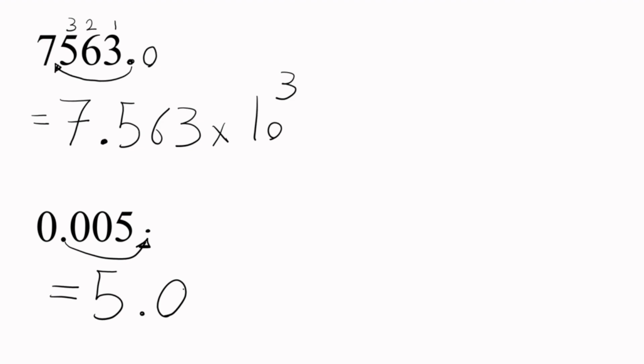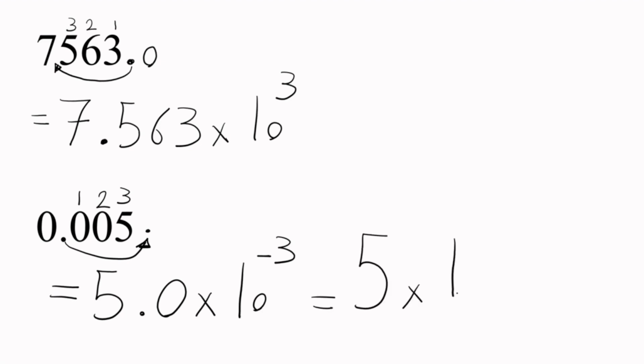So for times 10 to the power of something, for how many digits did I move the decimal? 1, 2, 3. 10 to the power of negative 3, because I moved it to the right side and the first number is really small, so the second number must be small too. So it is better to write it as 5 times 10 to the power of negative 3.